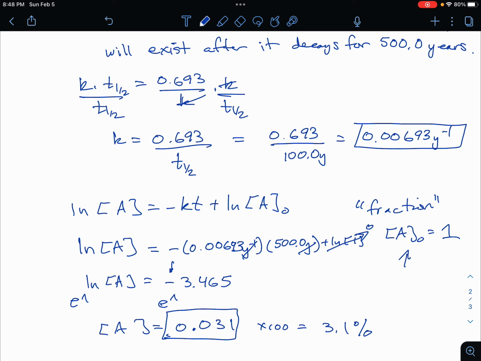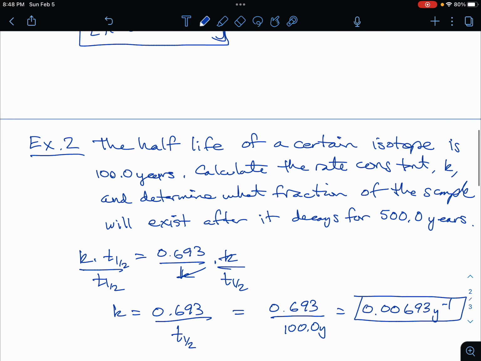Now we're going to do this the sneaky other way, which is we could also recognize that the half-life is 100 years, and we're doing this over 500 years. So it's 5 half-lives, right?